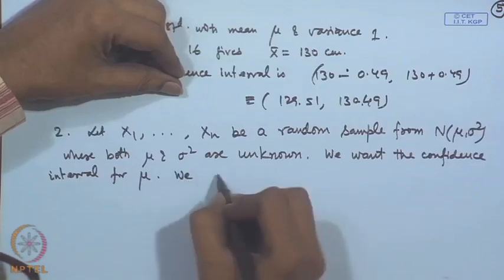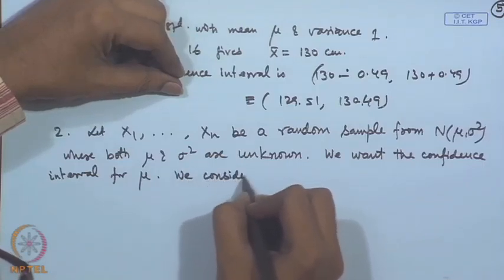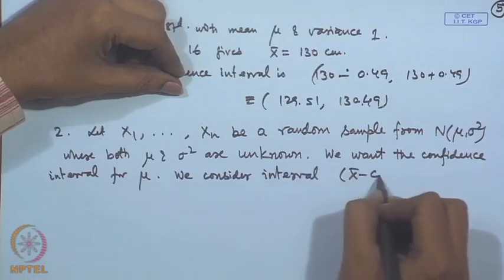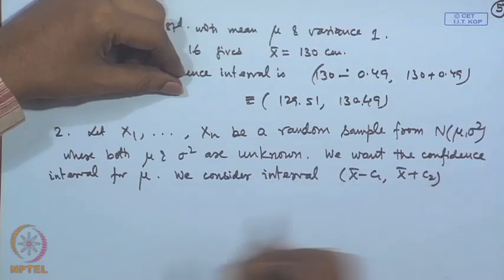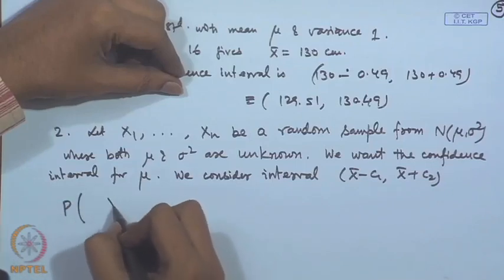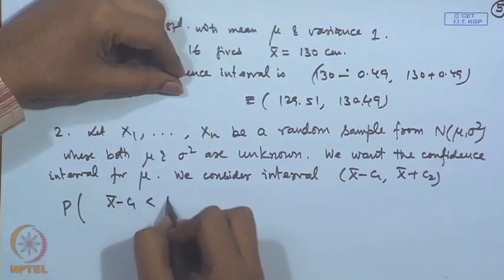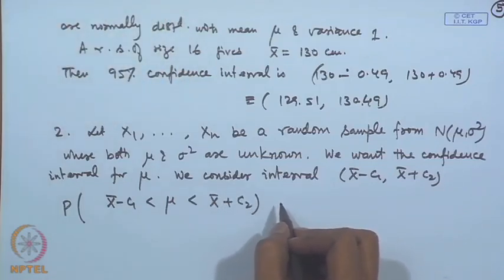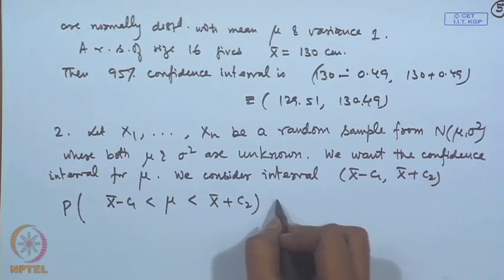Now, as I argued in the previous case, x bar is some sort of good estimator for mu. So, once again we will write the same thing, that we consider an interval of the type x bar minus C 1 to x bar plus C 2, that is probability of x bar minus C 1 less than mu less than x bar plus C 2 should be greater than or equal to 1 minus alpha.